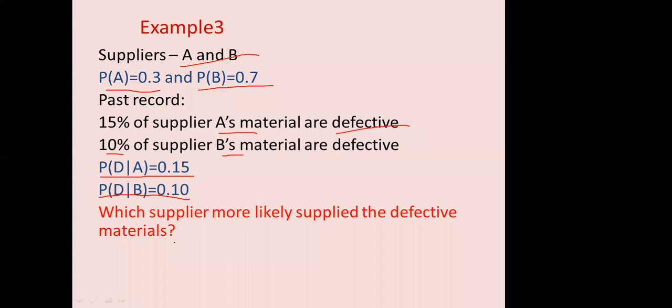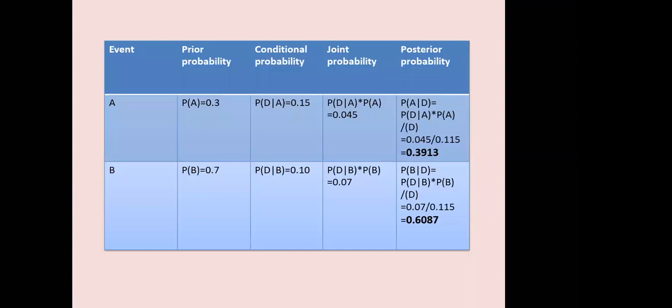Now, if the manager of the company wants to know which supplier is more likely to have supplied the defective materials, he would compare the two posterior probabilities for defective items, whether it comes from supplier A or supplier B. We can compare these probabilities for supplier A and supplier B.